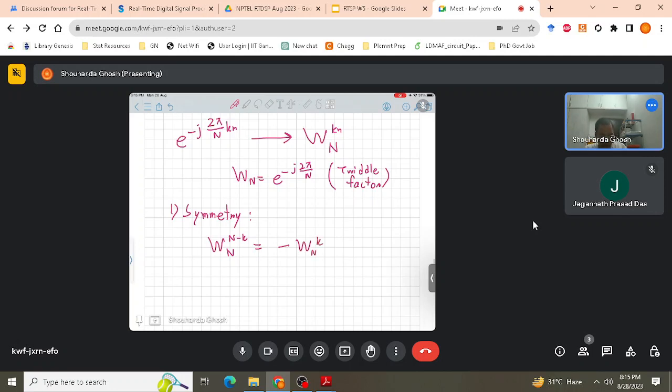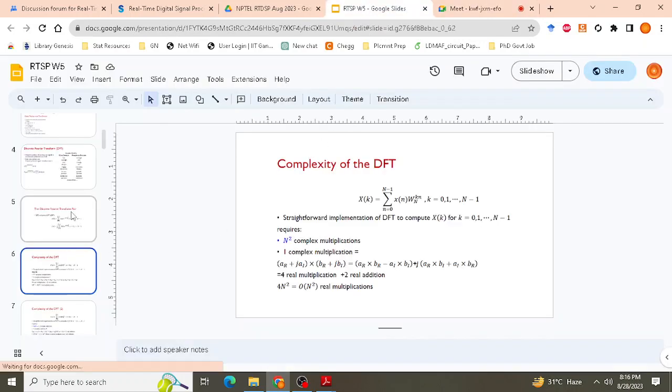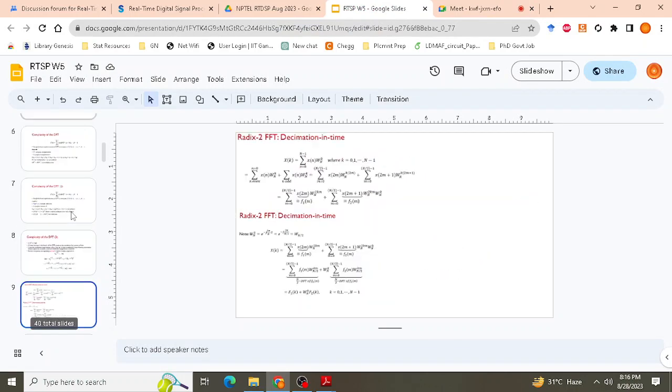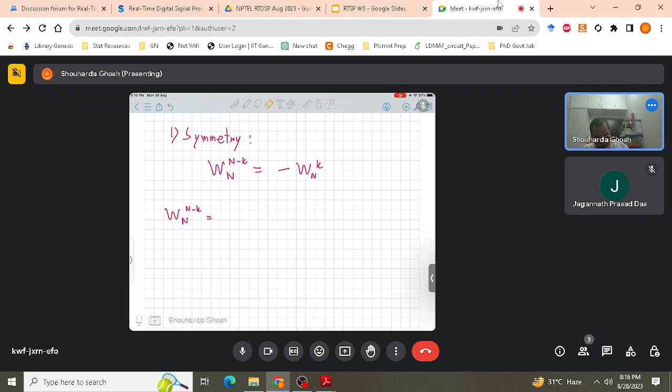Now let's see how it is true. Wait, hold on for a second, let me check the property once. Sorry, it won't be this one, it is something else.